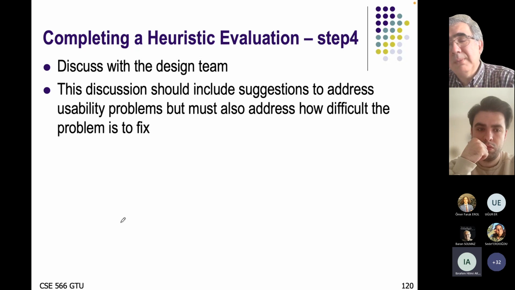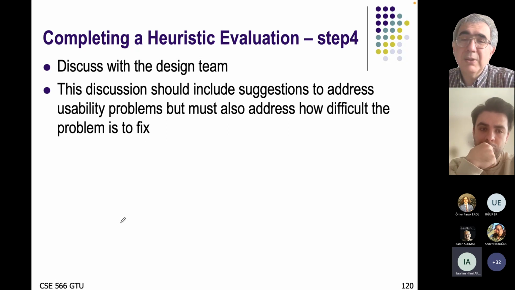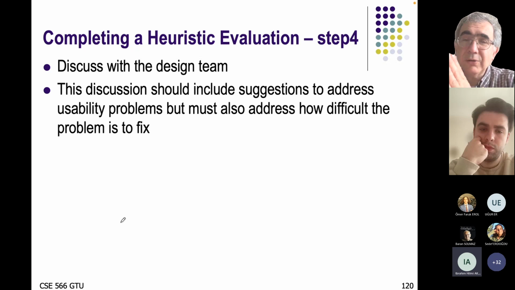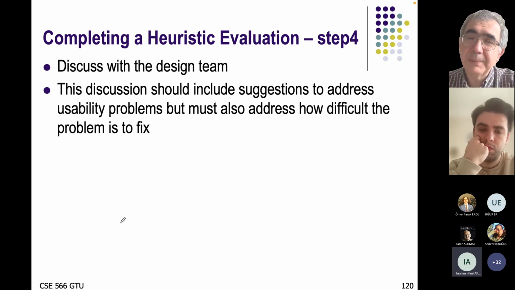Must also tell how difficult the problem is to fix. If it is very difficult, you can leave it to the later development stages, because at the end we are engineers, not artists, so nobody is perfect within the constraints of budgets.